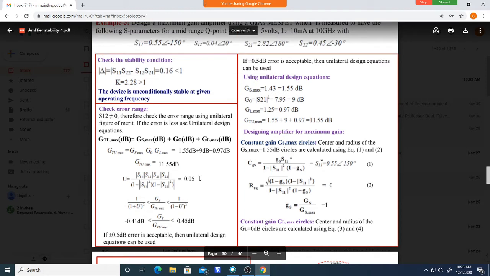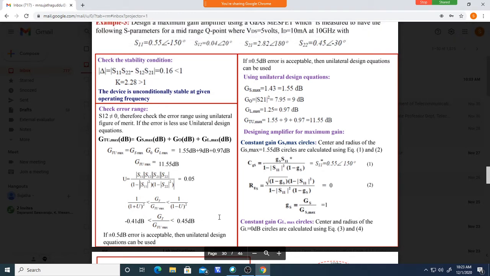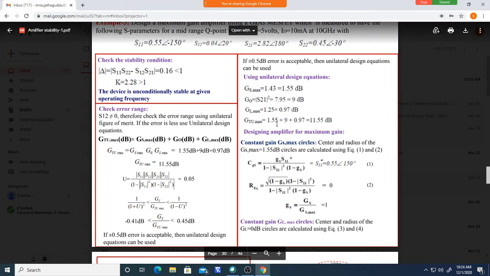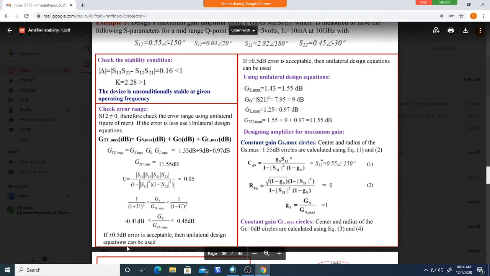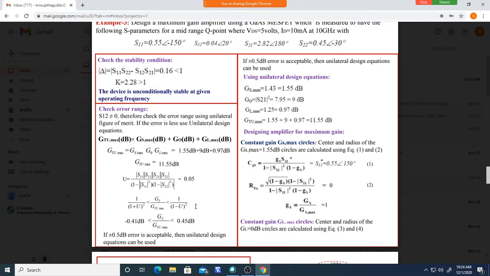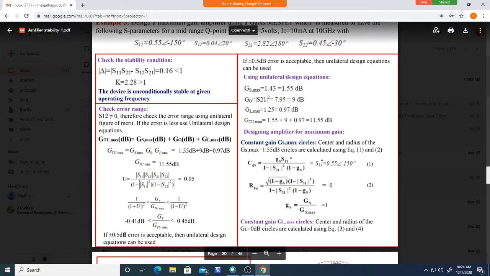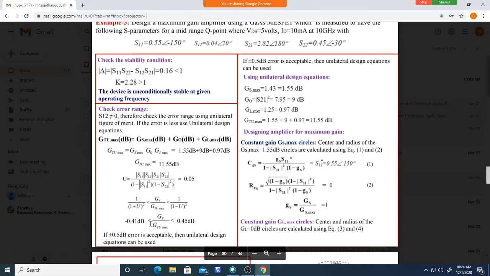We know what value we have to design the amplifier for, that is 11.55 dB, and from the unilateral figure of merit we come to know there is a plus or minus 0.5 dB error, if it is acceptable.